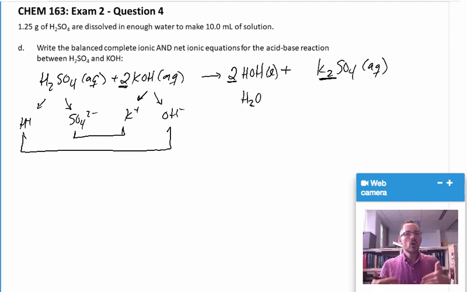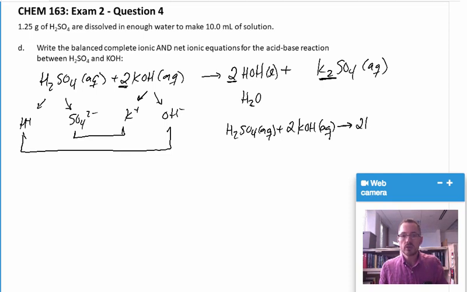So my final overall balanced equation is going to be H2SO4 aqueous plus 2 potassium hydroxide, aqueous solutions, and it's aqueous because it is specifically an acid-base reaction. We're going to have 2 waters, which I will list as H2O for those of you who do not like HOH, and I will have 1 mole of our K2SO4 aqueous salt.